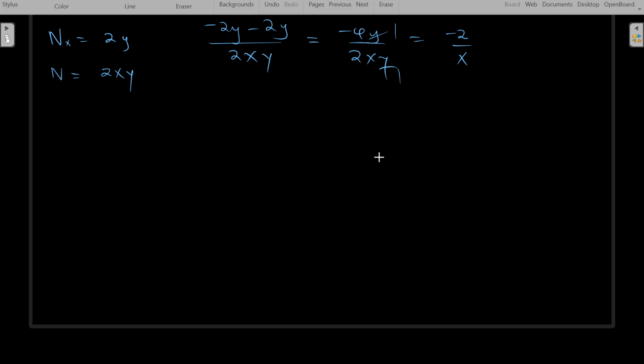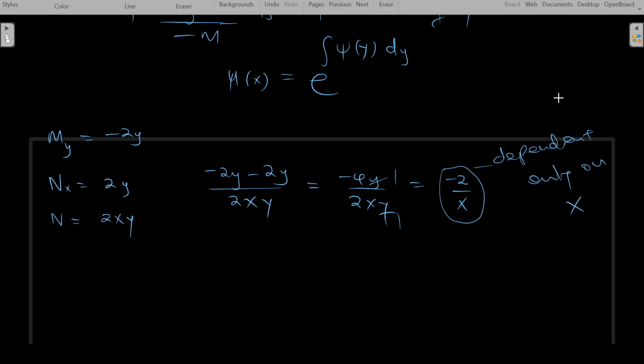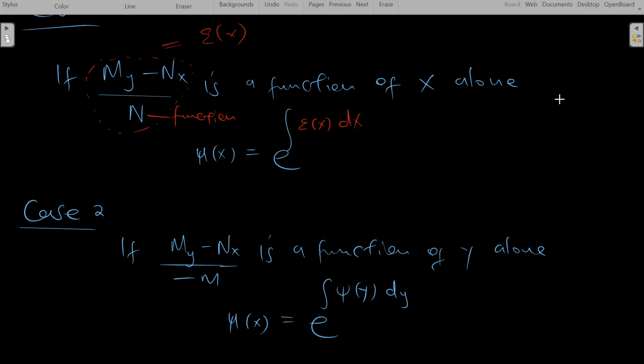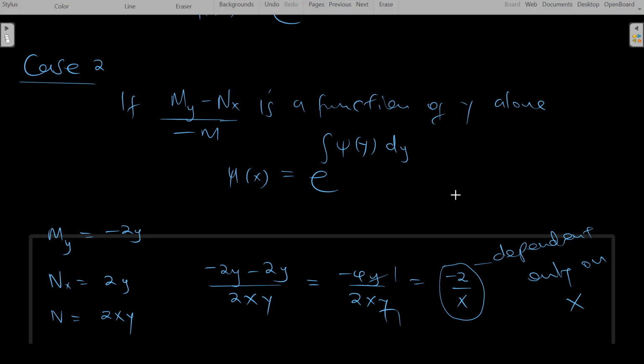Now as you can see, this function is dependent only on x. So it means I'll use just the first case. If this function were not dependent on x alone, you should perform case 2.